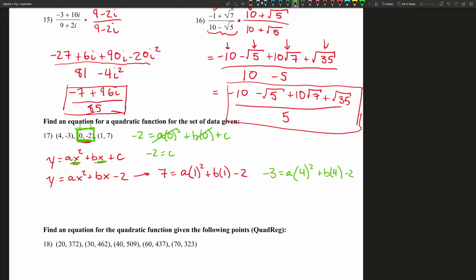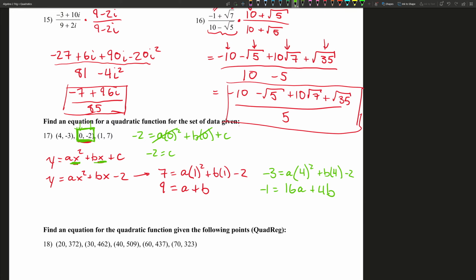All right, so if we simplify these two equations down here, if we bring the negative 2 over, we get 9 is equal to a plus b, and we get negative 1 is equal to 16a plus 4b.